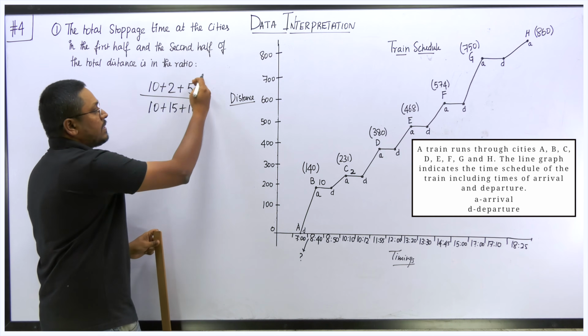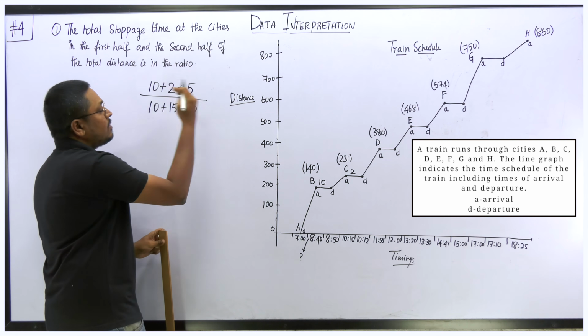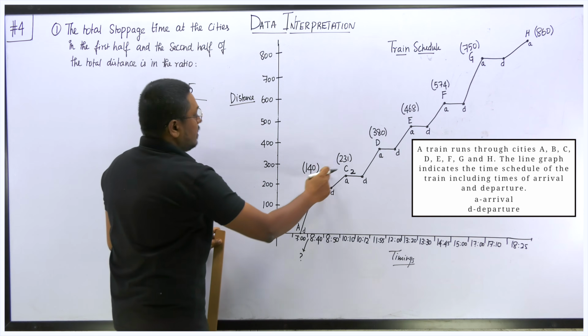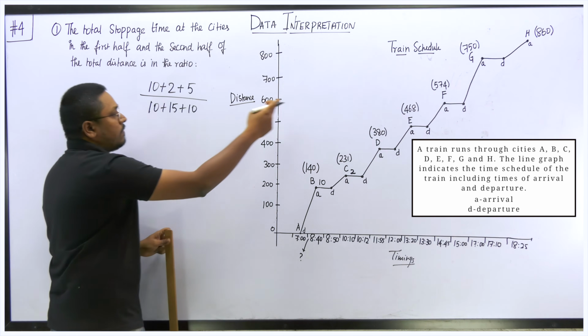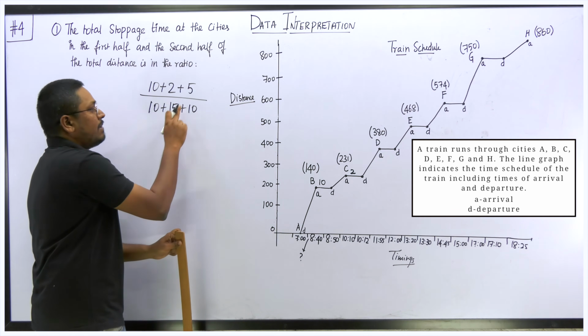So we split into first half and second half. First half stoppage time will be 10 minutes, 2 minutes and 5 minutes. Second half stoppage time will be 10 minutes, 15 minutes and 10 minutes.